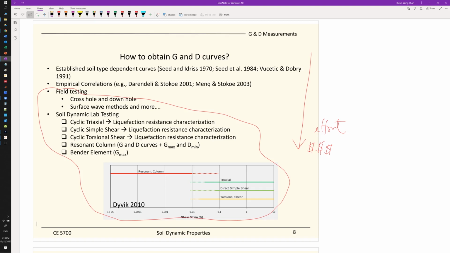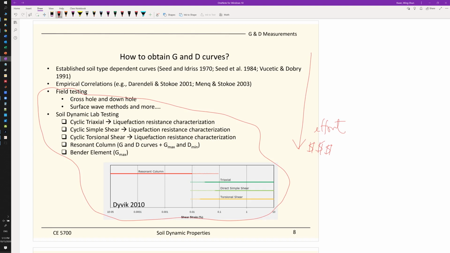For dynamic lab testing, there are many different kinds, and I have listed four typical tests. The bender elements only give you the G max measurement, but the other four can give you the whole shear modulus reduction curve and damping ratio curve, which means the test is scalable to different strain levels, such that you can get the corresponding G values.